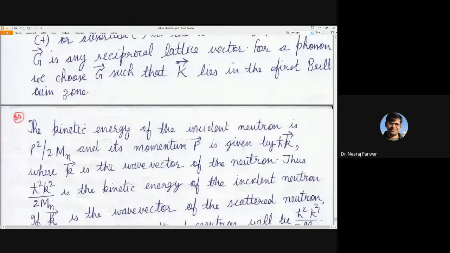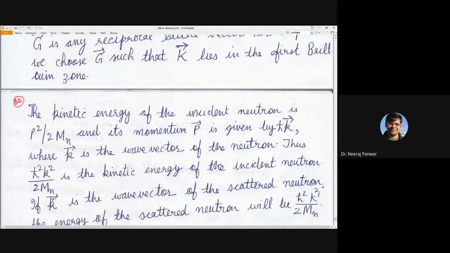Now we try to understand how it is happening. The kinetic energy of the incident neutron is p squared by 2 Mn, where Mn is the mass of the neutron and p is its momentum given by h cross k, where k is the wave vector of the incident neutron. Thus, h cross squared k squared by 2 Mn is the kinetic energy of the incident neutron.